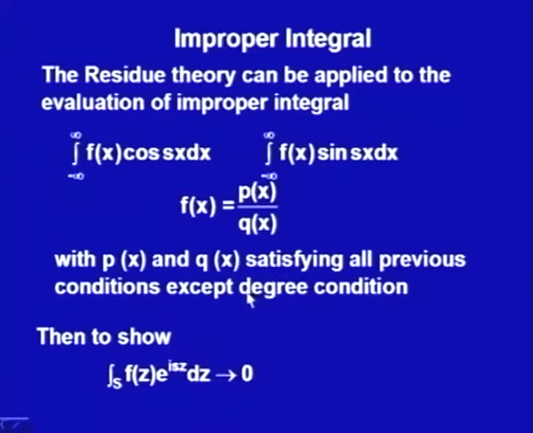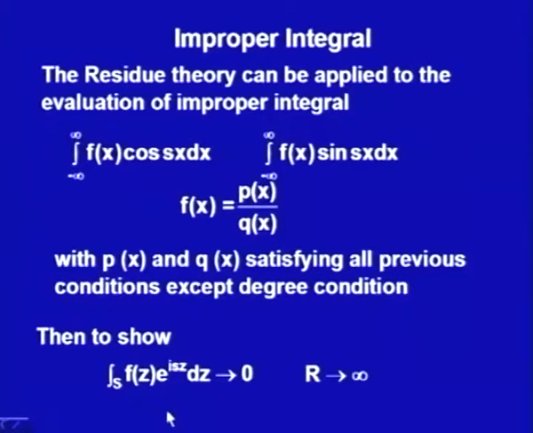Now, suppose the difference is 1, then we are going to face a problem in showing this limit as r approaches infinity, showing that the integral of f(z) e to the power isz dz goes to 0.